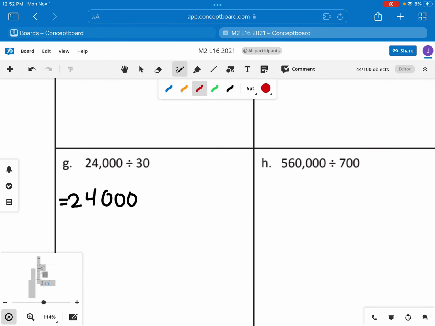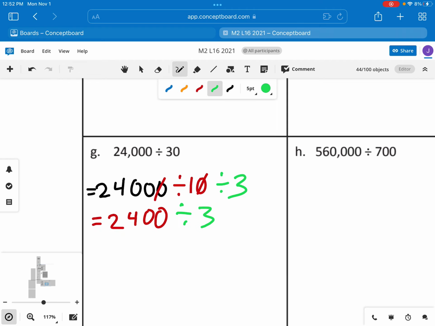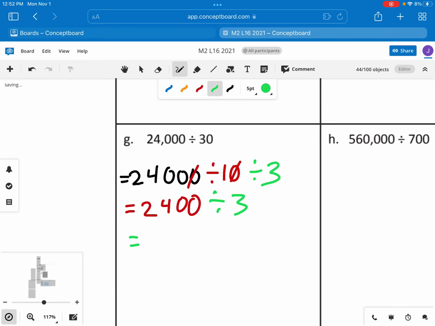All right, let's go to this one. Here we're going to divide by 30. So that's divided by 3 and 10. So first step, I'm going to divide by 10, so I'm going to take away 1 zero, so that gives me 2,400. And then I'm going to divide that by 3, and I know that 24 divided by 3 is equal 8.